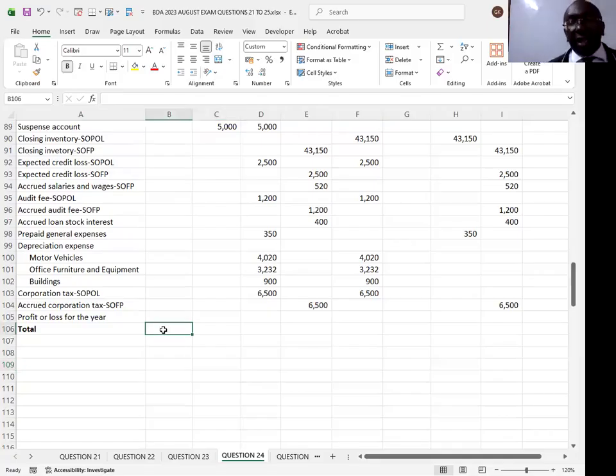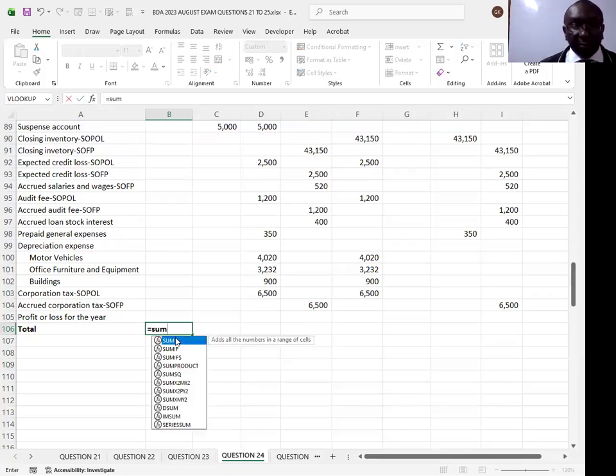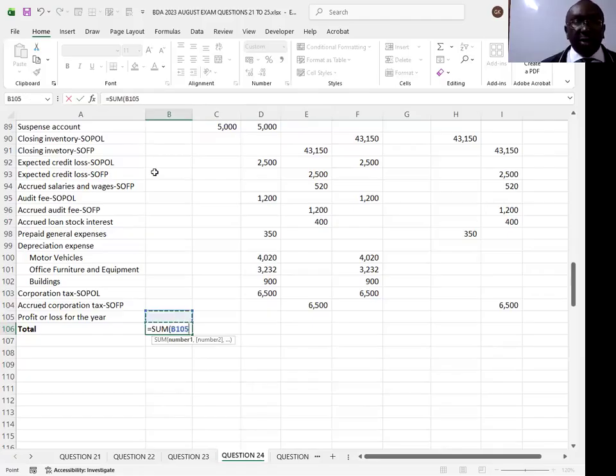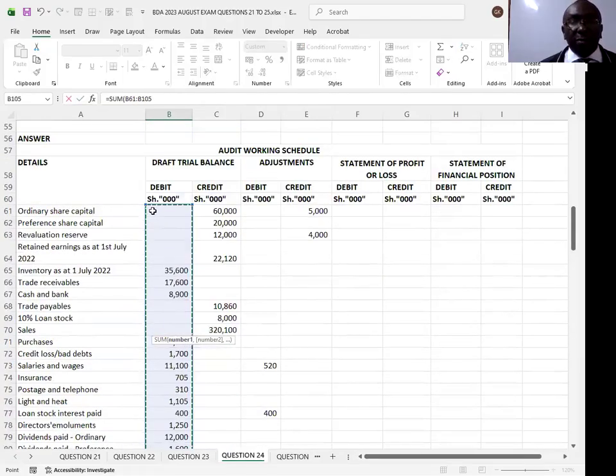Then tunaweza anza hapa kwanza tutafute the totals. So the totals we will say here equals sum. You pick from here. Yeah, you pick from here. Twende nayo mpaka hapa wewe. Mpaka hapo. Close the brackets. Enter.